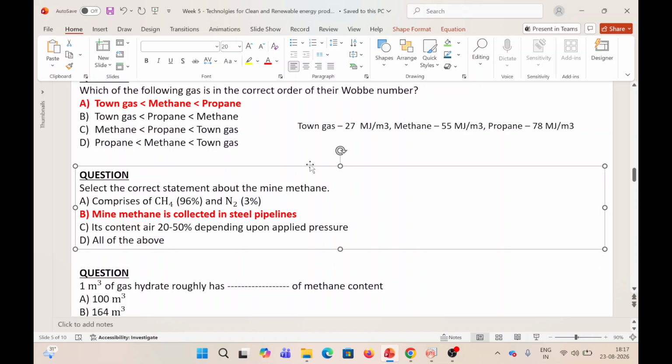Yes. Any other answers? One of you has told option B is the correct statement about the mine methane. So the exact answer is all of the above.